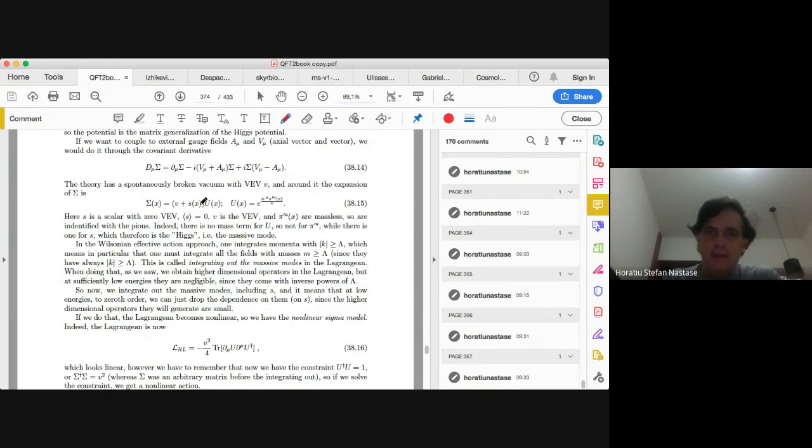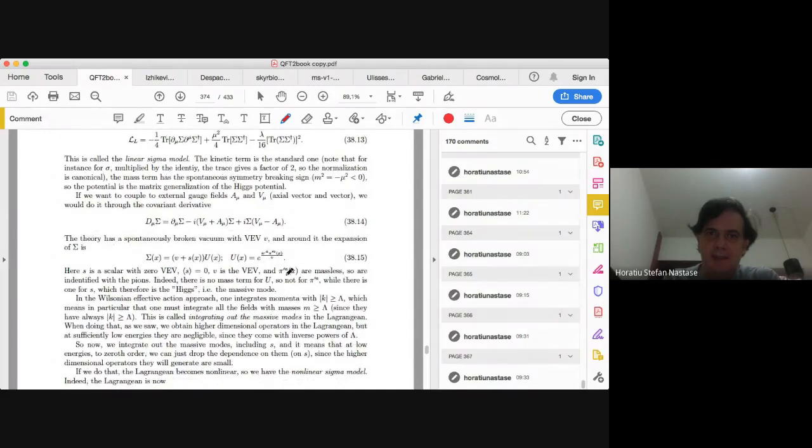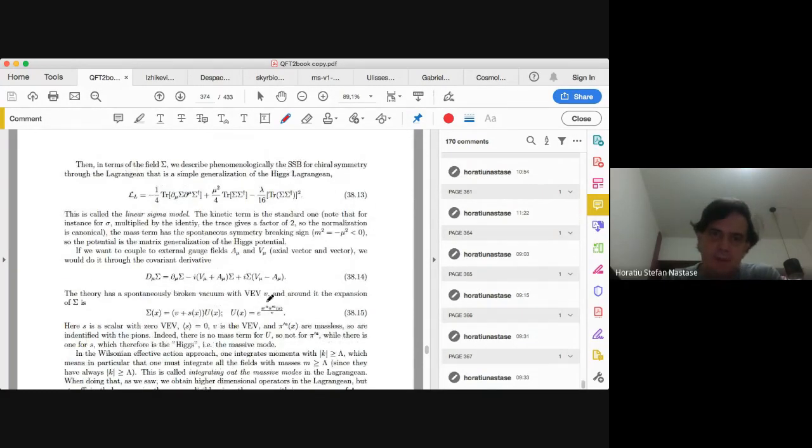And then also expanding this potential, we will find that pi prime A are massless, because this potential is still invariant under multiplication by SU2 vector, by exponent I alpha V tau A over 2.